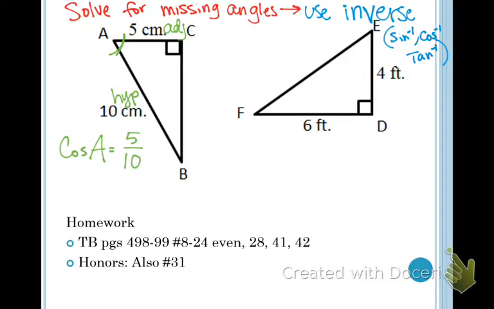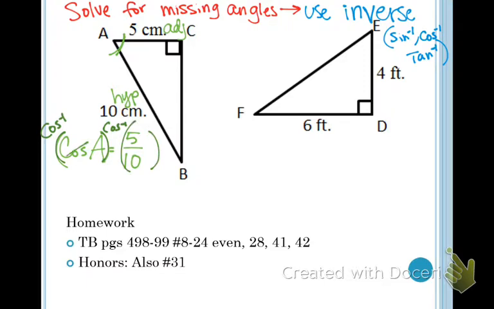You can reduce this if you want to, but it's not crucial. I want angle A by itself. What's on the same side as angle A? Cosine. So the opposite of cosine, to get rid of cosine, this is where you're going to use the inverse. So you're going to use cosine to the negative 1. So shift cosine on your calculator.